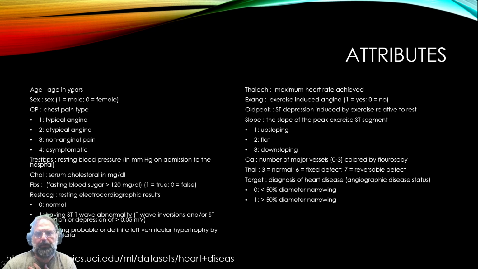In this case, you've got age in years, sex, with male being 1 and female being 0, and the type of chest pain. People describe their pain, whether it's angina, atypical angina, and so on. Then the resting blood pressure, trestbps, with units, taken at the point somebody was admitted to a hospital.